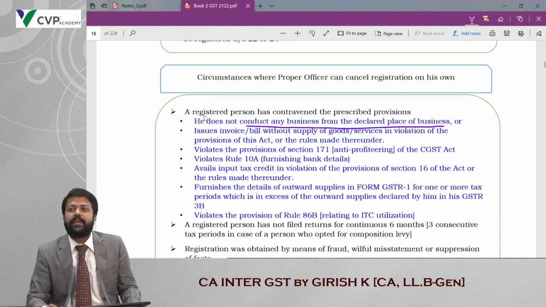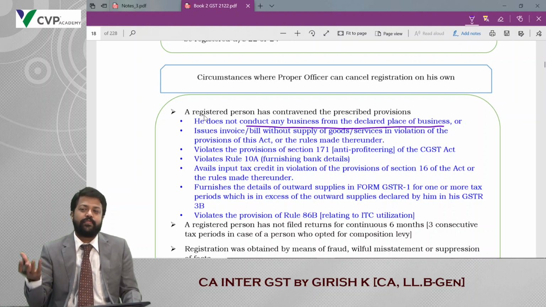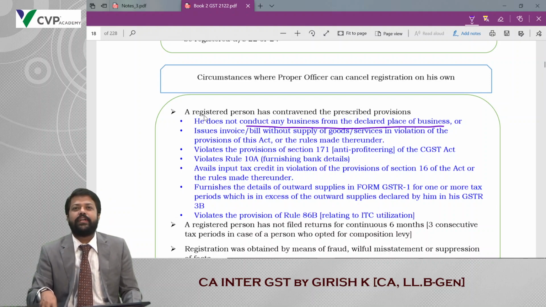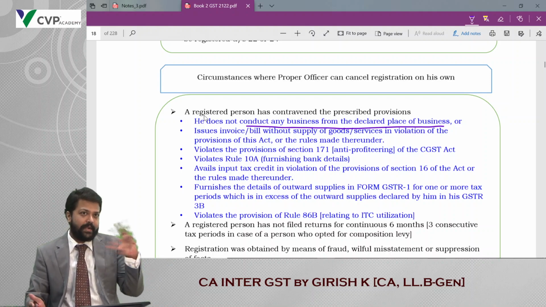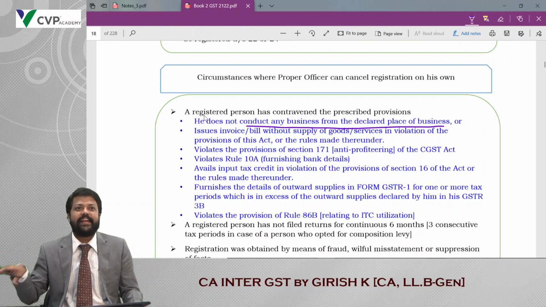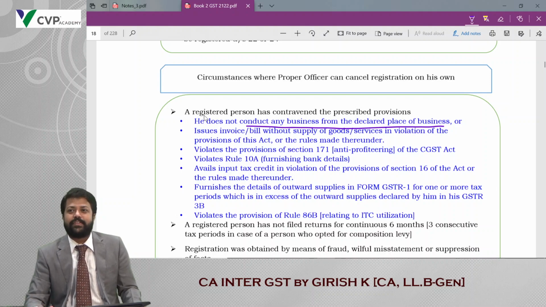So for example, in one of the departmental audit cases, one of the cases which was referred to me by one of the chartered accountants, it was his client and the authorities started conducting the audit. During the audit, under section I think 65, that is the departmental audit, not the GSTR 9 and 9C which is the chartered accountant's audit, the department wanted to visit the place.